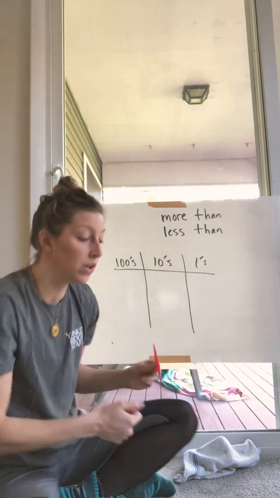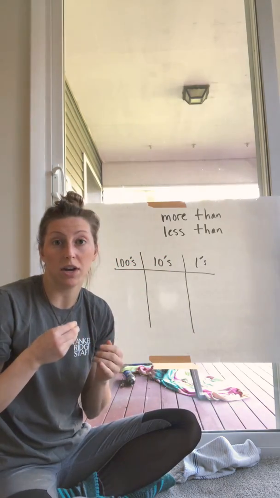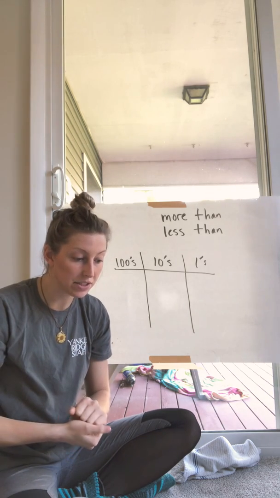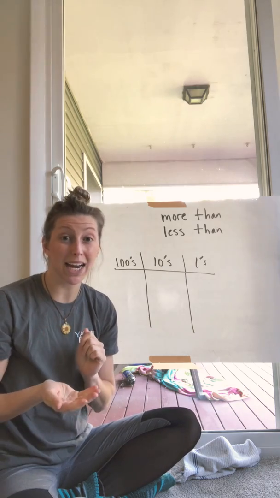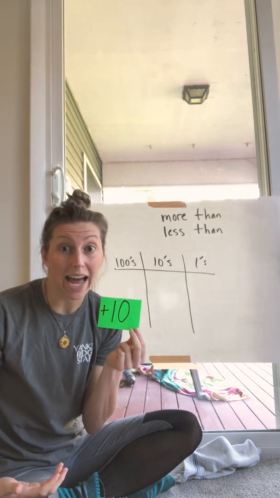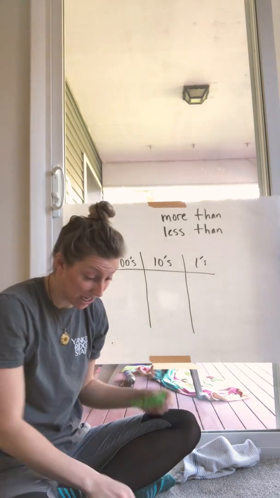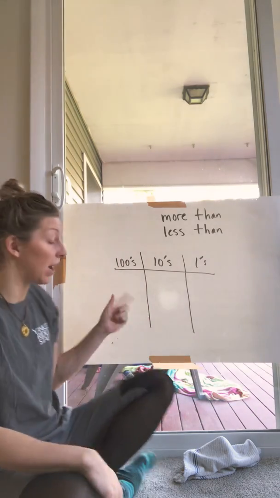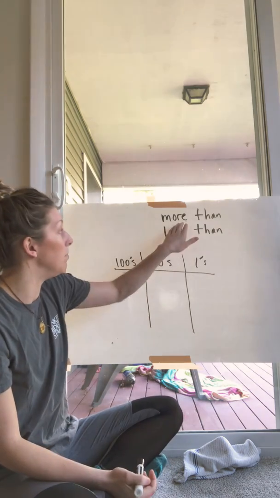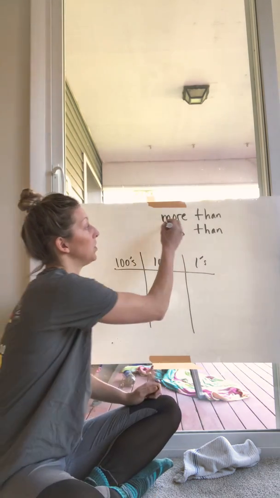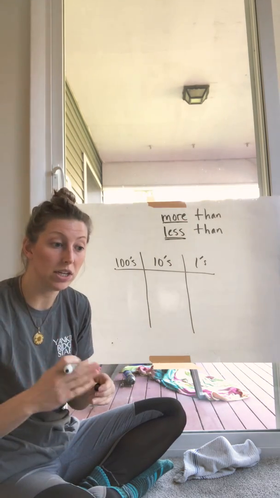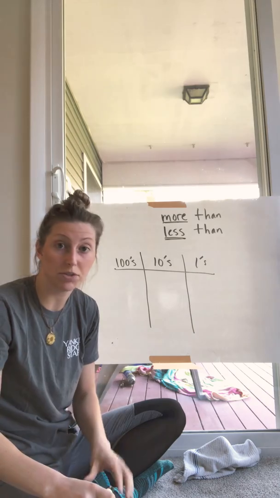We're really focusing on how to do that quickly and efficiently, and understanding that sometimes if you add 10 more to a number, it might change the hundreds place. I'm going to start off with more, and these focus words are more and less as we start to figure out some problems.